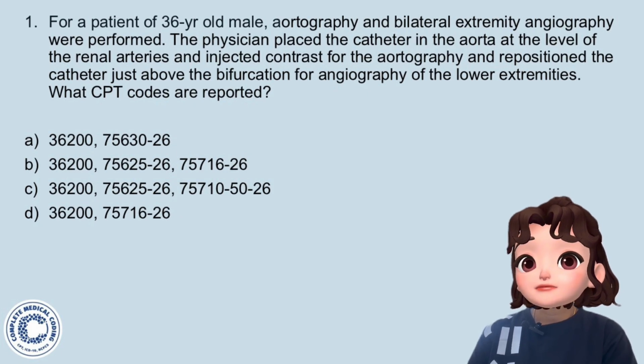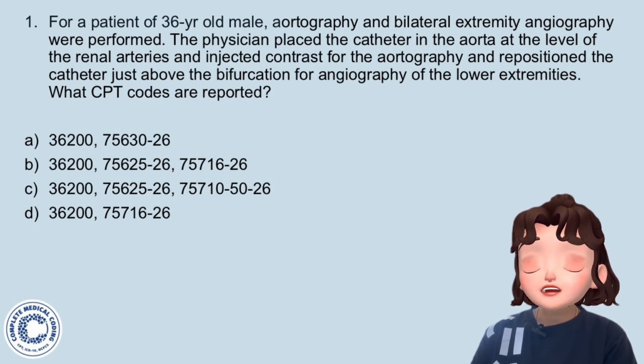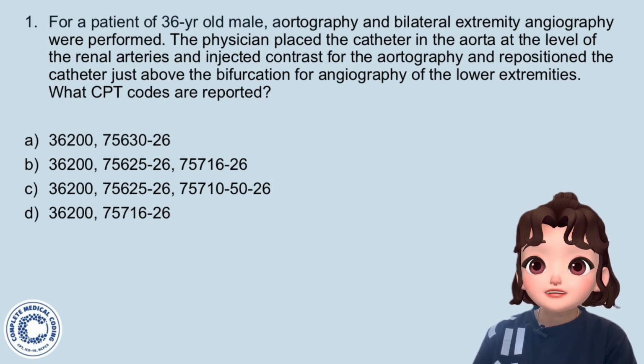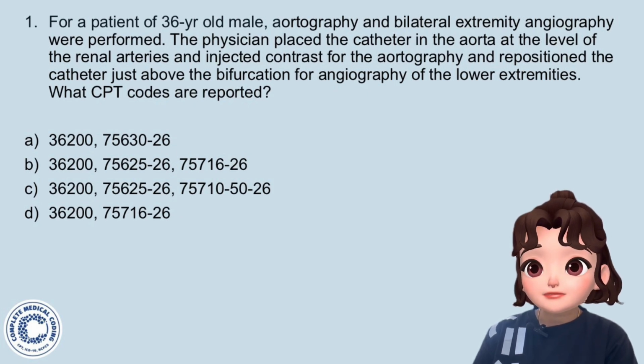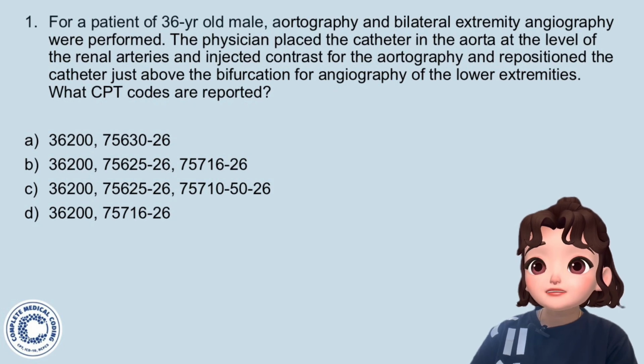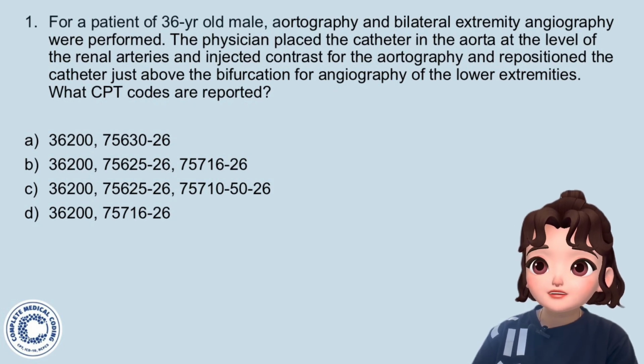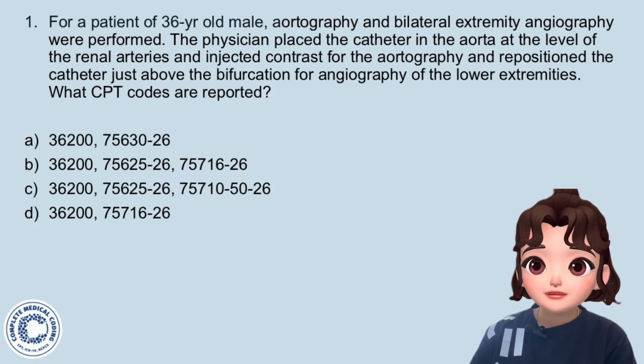Now, that's what is mentioned in the second sentence. The physician placed the catheter in the aorta at the level of the renal arteries and injected contrast for the aortography. So that aortography part we have already coded. And repositioned the catheter just above the bifurcation for angiography of the lower extremities. Now you have to code for the angiography.